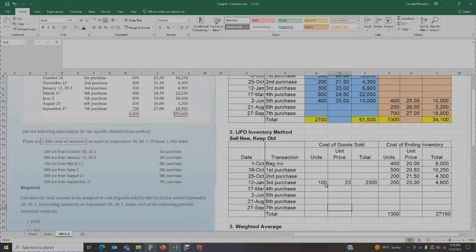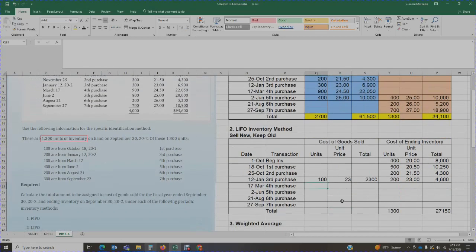On the fourth purchase, I've got 900 units at $24.50. And then I've got 800 units at $25. And then I've got 200 units at $26. All I'm doing is copying the information from down here. And then I've got 700 units at $27.